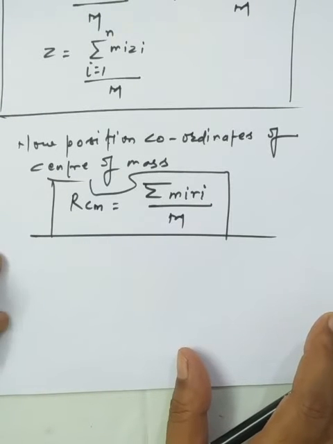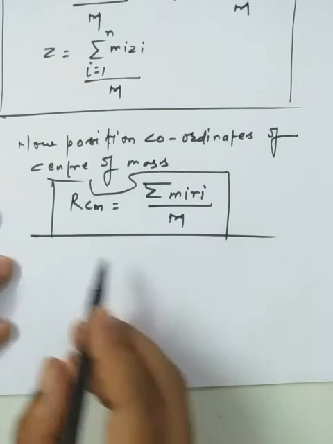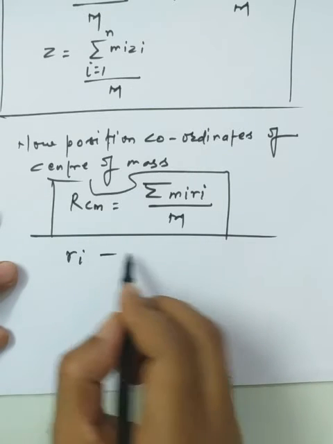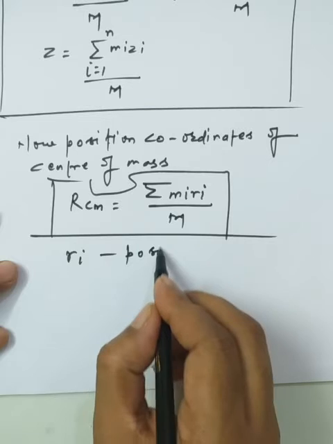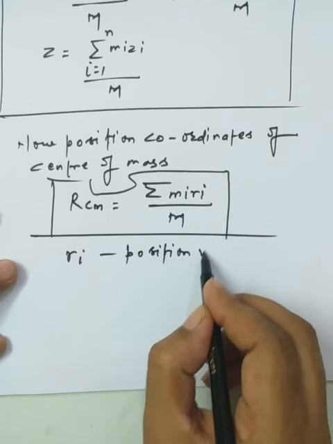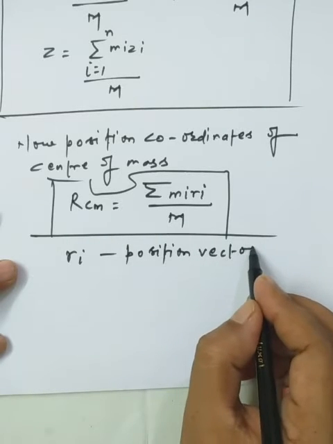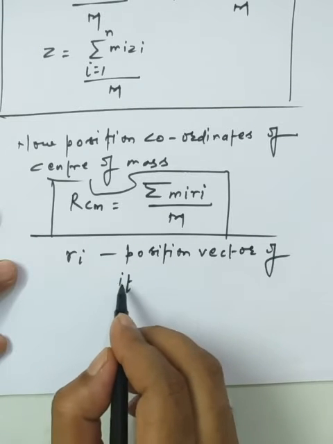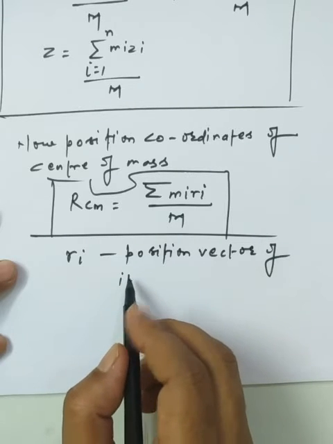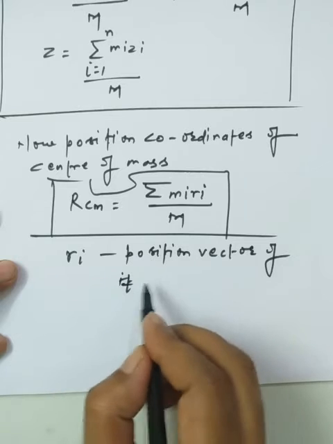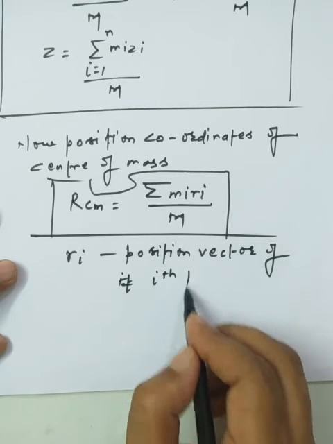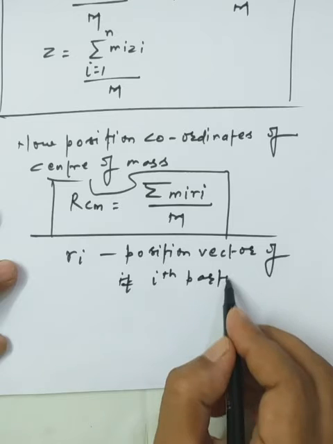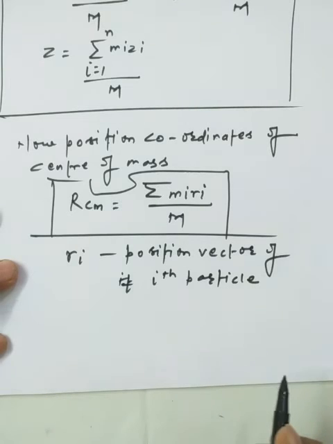Where ri is a position vector. What is ri? ri is the position vector of the ith particle.